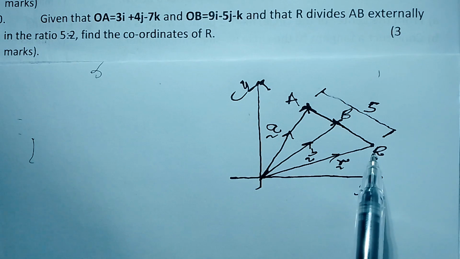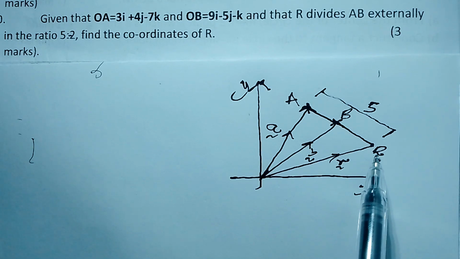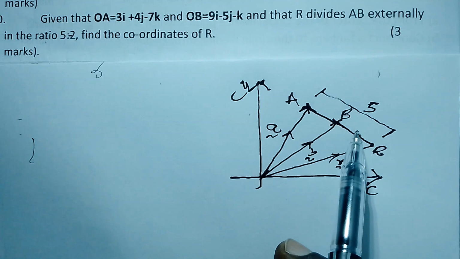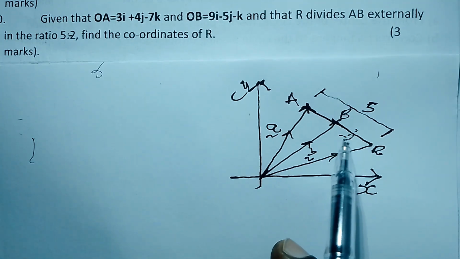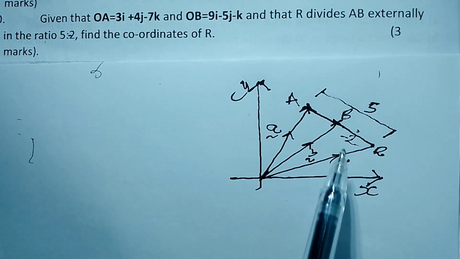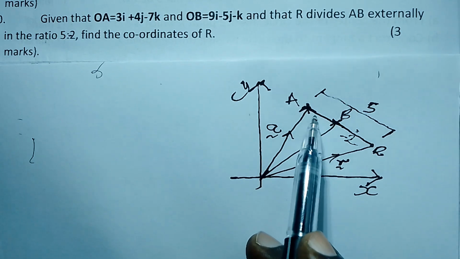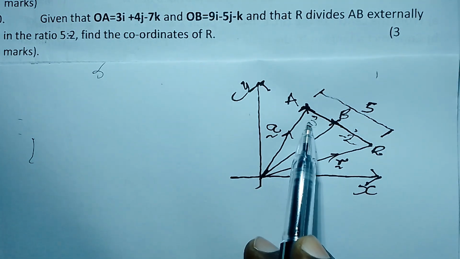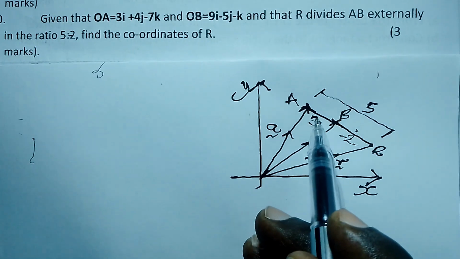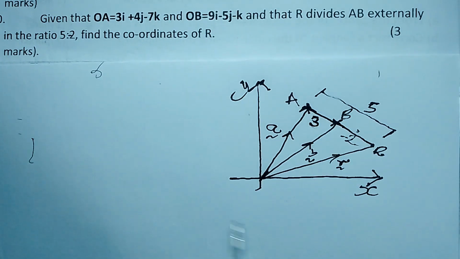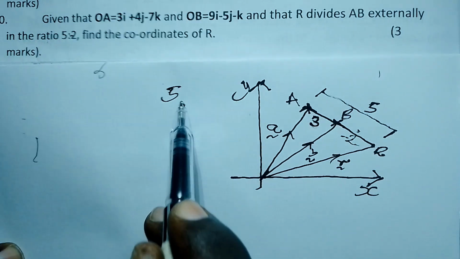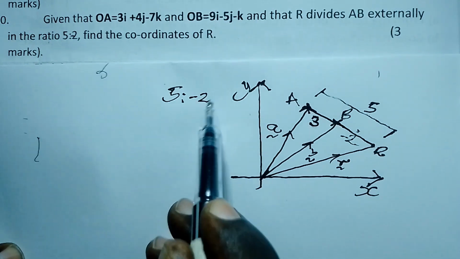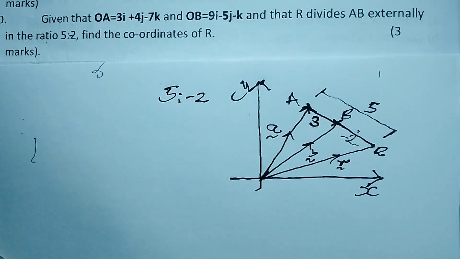And then because R is external to AB, R is external to B, from R to B, moving in the opposite direction, we are going to have -2 units. And then from A to B, we are going to have 3 units. From the statement, the ratio 5:2, that is what it means.